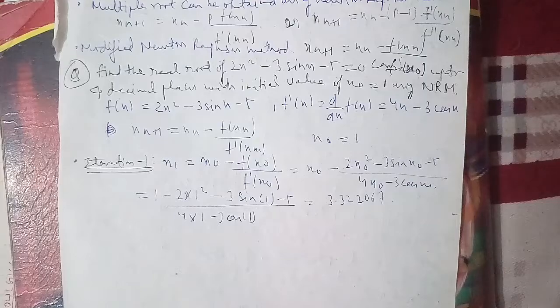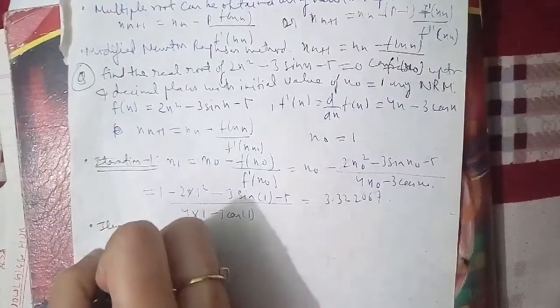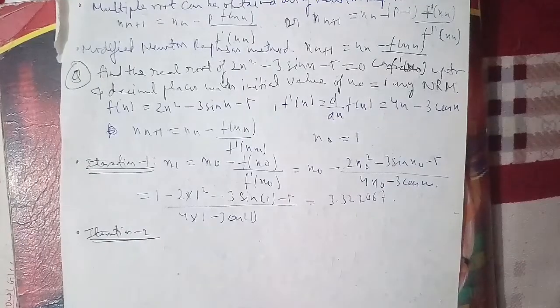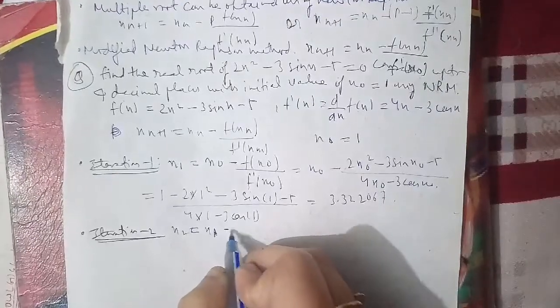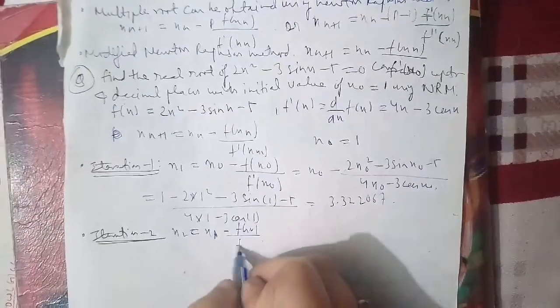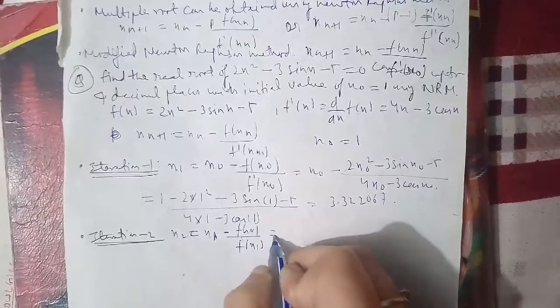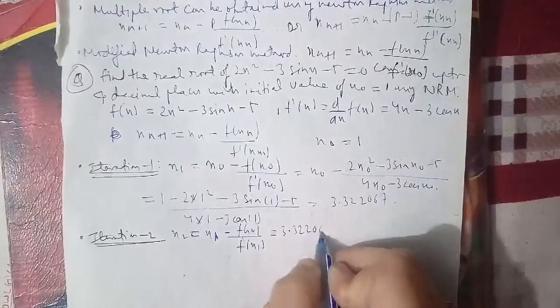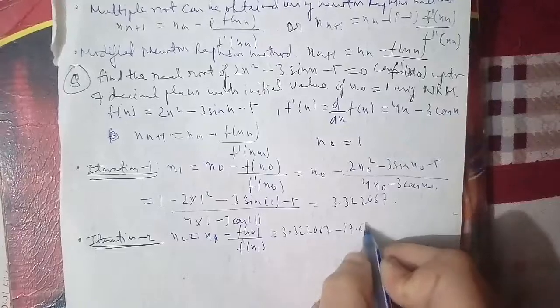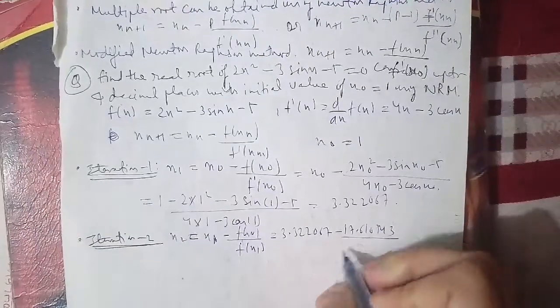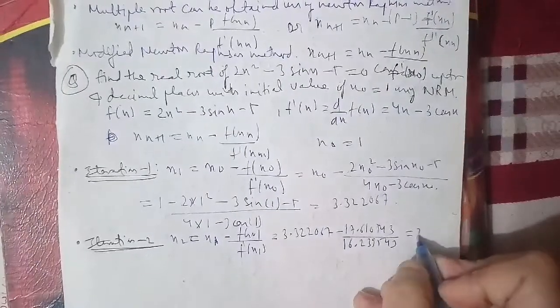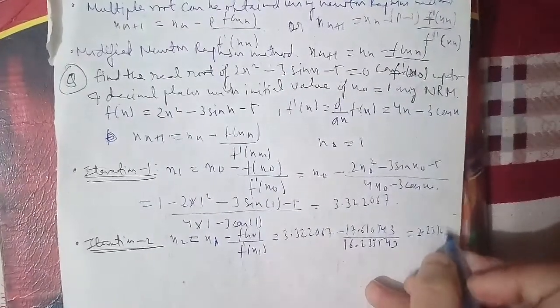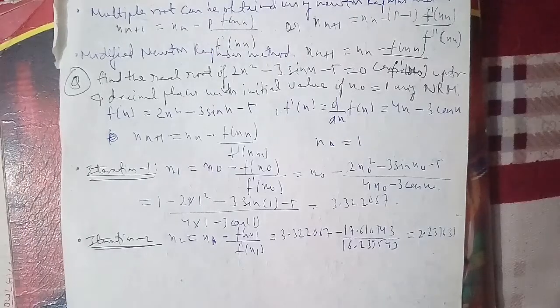Now we go ahead for iteration 2. x2 equals x1 minus f(x1) upon f dash (x1) equals 3.322067 minus 17.610743 upon 16.239543, which equals 2.237631.